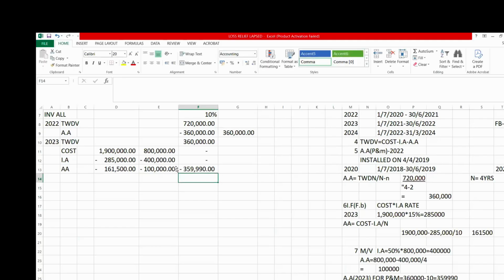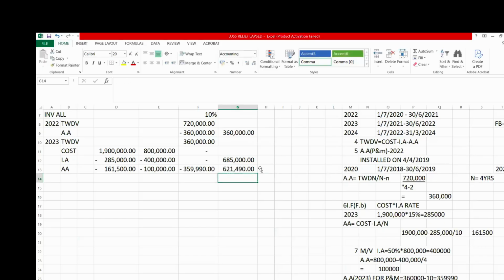For each of the capital allowances, you are going to add them together. This will be 400 plus 285, which gives us 685,000. The total will be transferred here. We also add the total of this: the addition of the three amounts gives us 621,490.